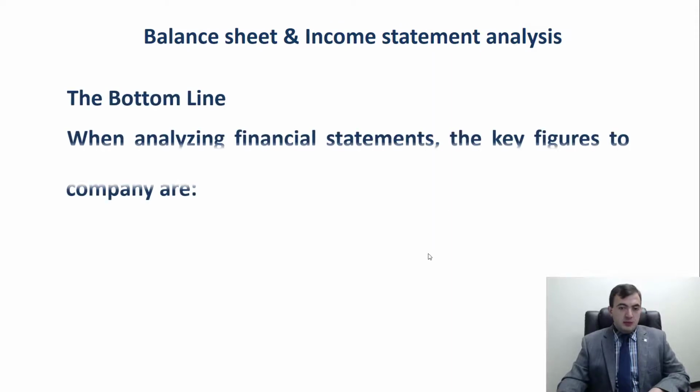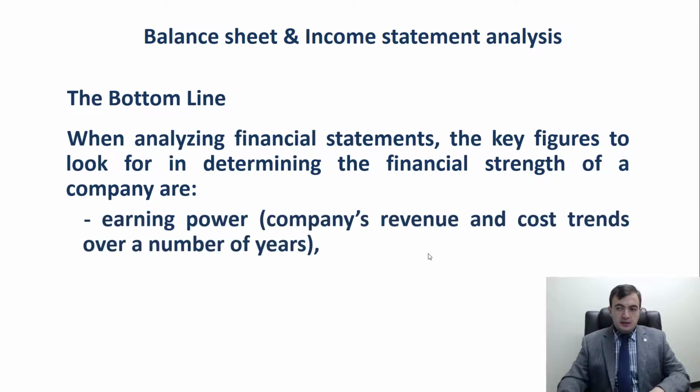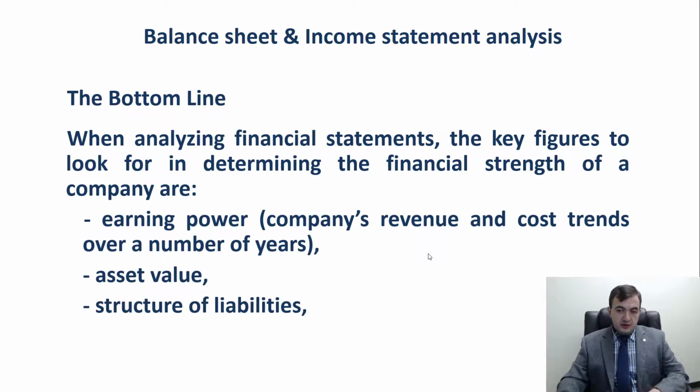So bottom line, when we are analyzing financial statements, the key numbers to look for in determining the financial health of the company are the earning power of the company, so the company's revenues and cost trends over a number of years, also the asset value, and the structure of liabilities.